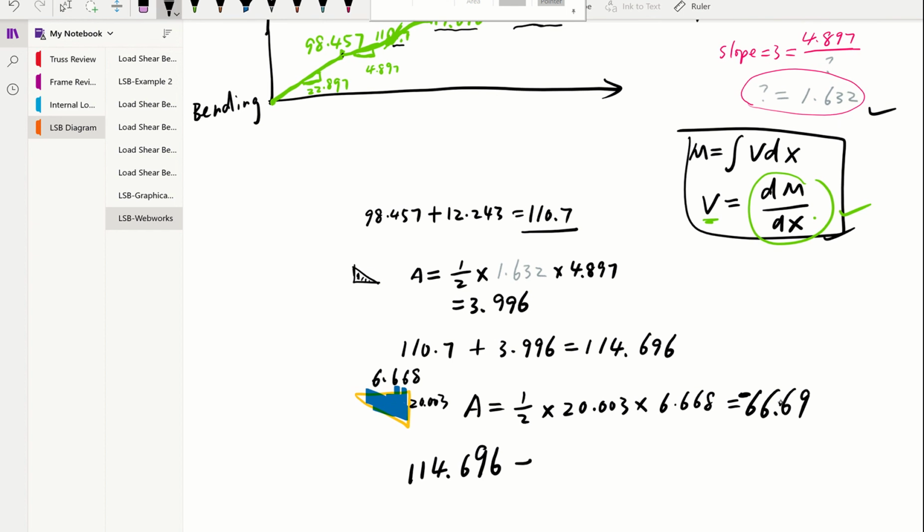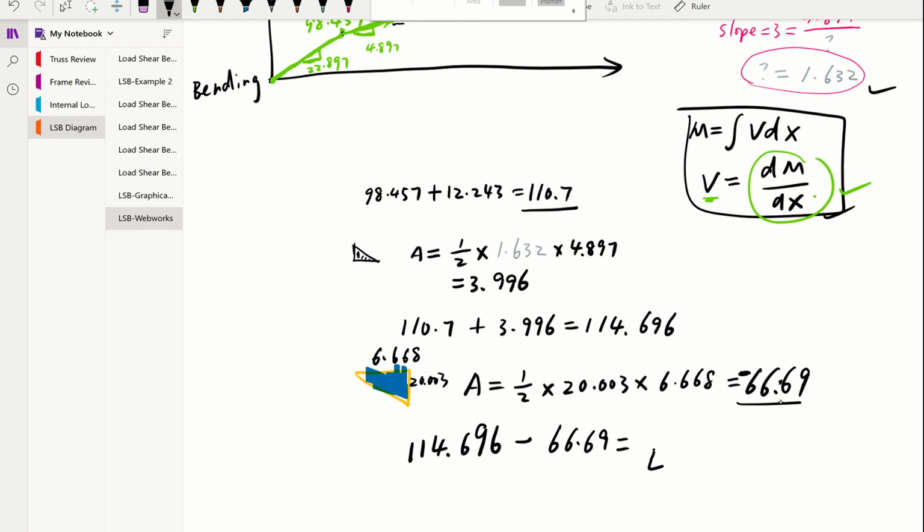You're going to minus this number, 6.69. And we got 48.006.